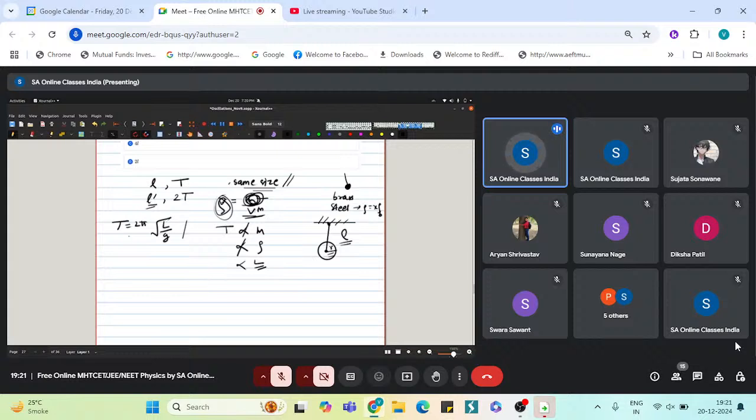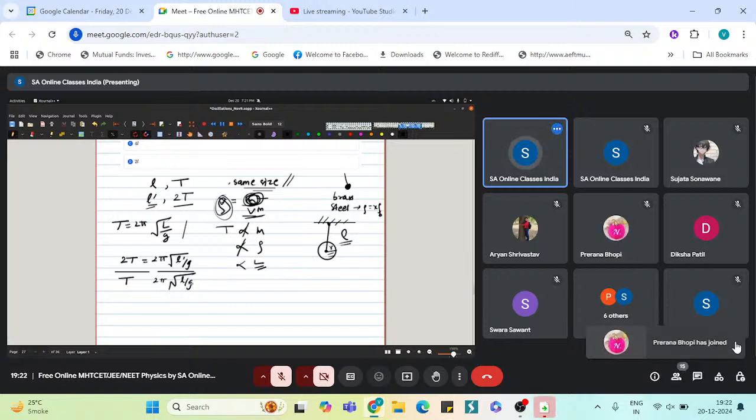Given that, the next thing they have done is they have changed the length such that the time period becomes 2T. This is something we can calculate. So let's say the time period is 2T, and for that we can write the equation 2π root of L dash upon g, and we can just take the ratio with T, which is 2π root of L upon g, the original length.